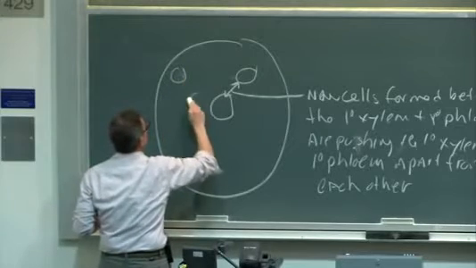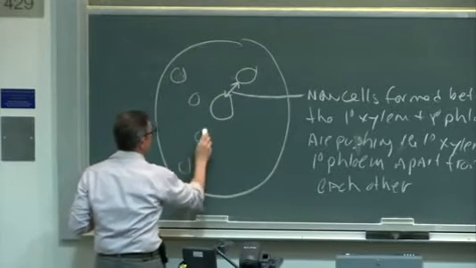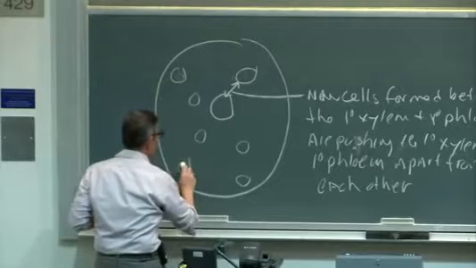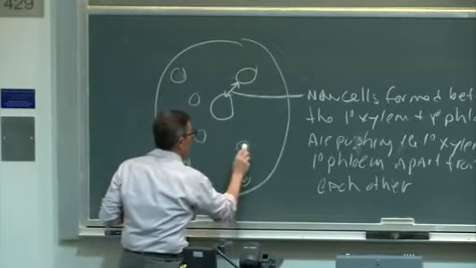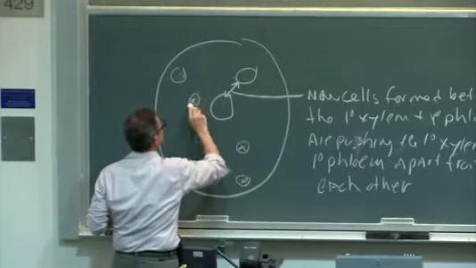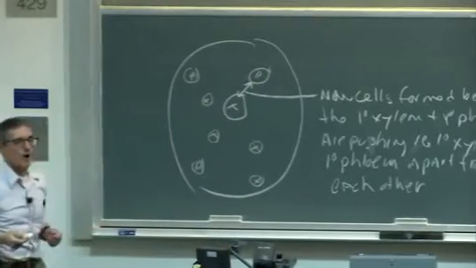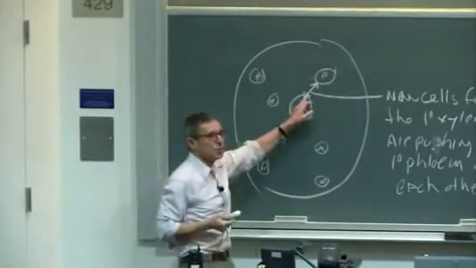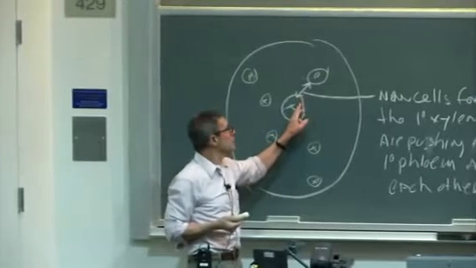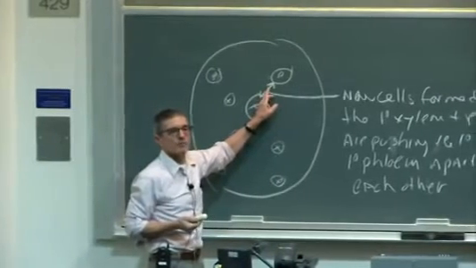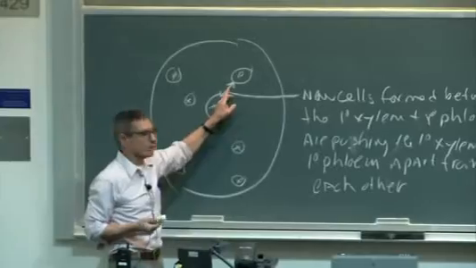So we would again, as we drew before, show the primary phloem, the primary xylem, and these have now moved apart from each other because new cell divisions have been produced in the region between the primary phloem and the primary xylem.